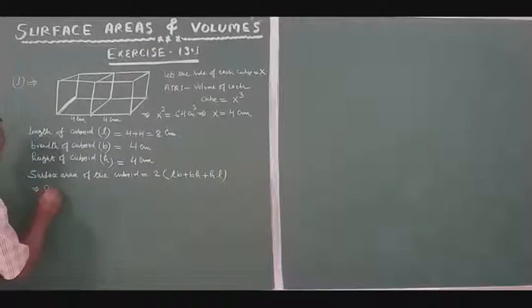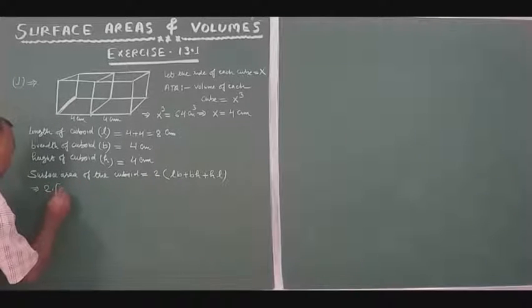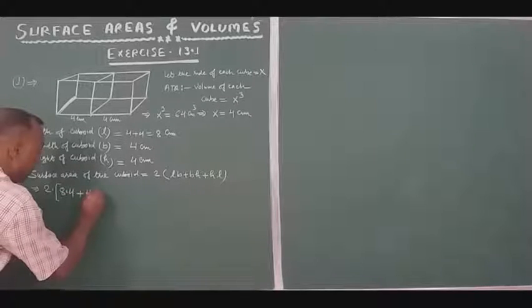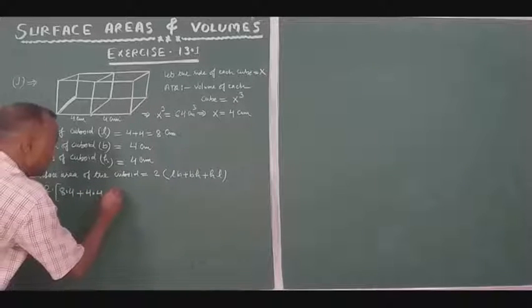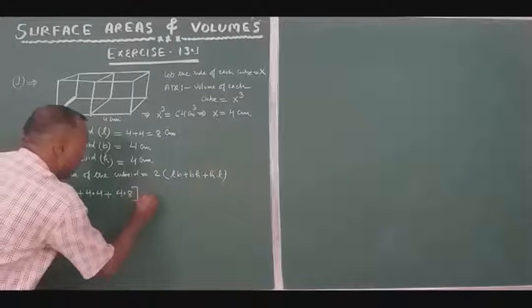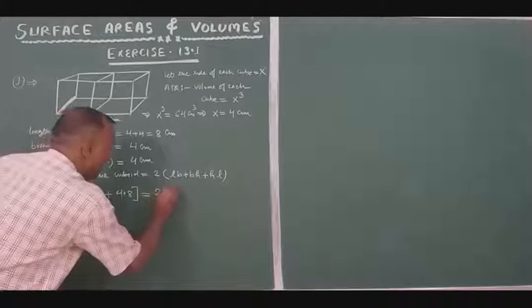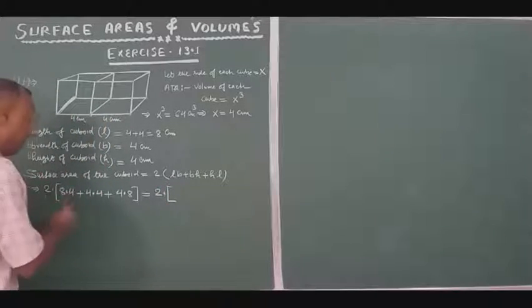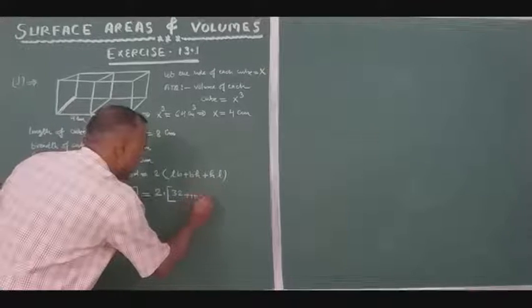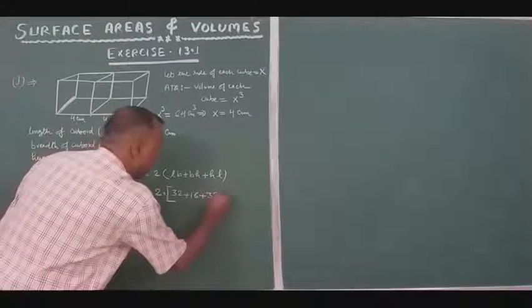This is 2 into (8 into 4, which is 32, plus 4 into 4, which is 16, plus 4 into 8, again 32).